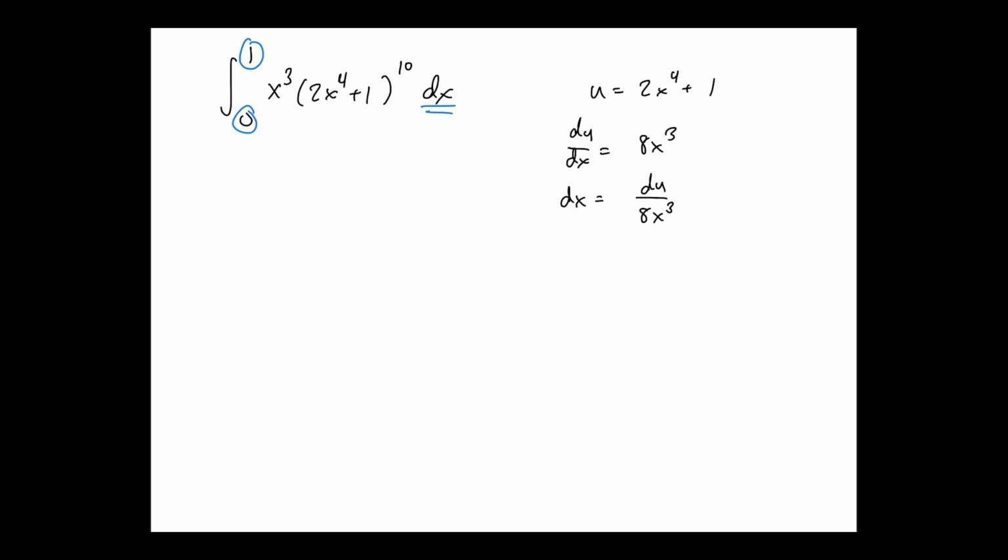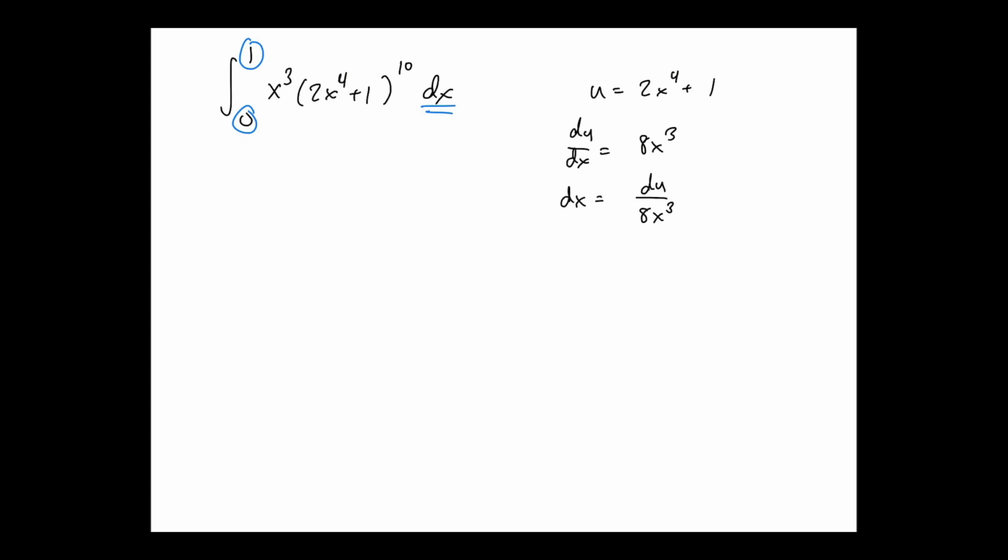But if I'm switching things in terms of u, then the numbers at the bottom and the top need to be in terms of u. And it's not necessarily the case that they're going to be 0 and 1 again. Just because x is 0 and 1 doesn't mean u is 0 and 1.